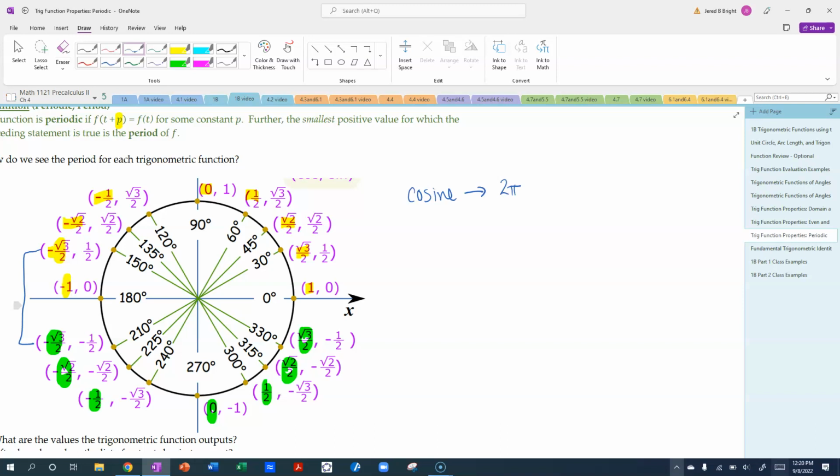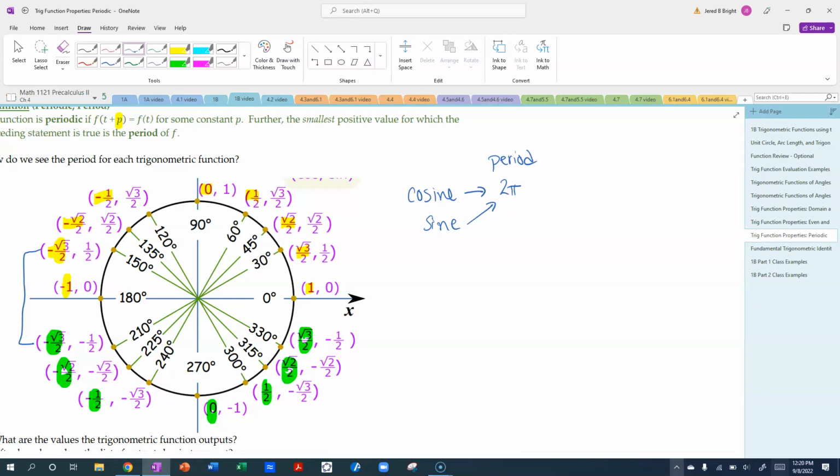So we really want to figure out, where do we have repeated points, repeated coordinates? And that actually occurs one rotation around the circle. So even though the x values are repeated, they have different corresponding y values. And so for that reason, cosine and actually sine, for similar reasoning, also has period 2 pi.